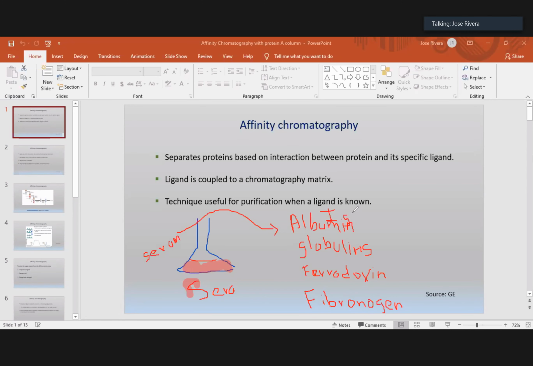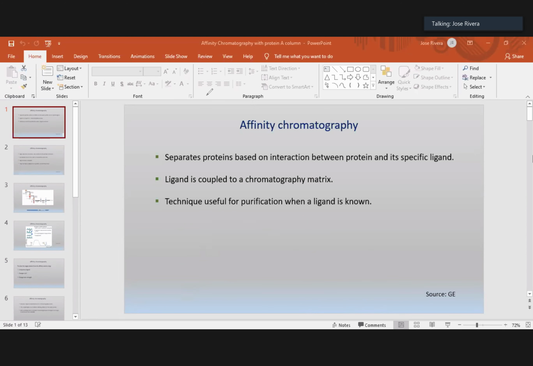And not only proteins, you have sugars, you have salts, you have a whole lot of things inside the sera or the serum. Let's say you want to purify from this soup just one protein. Let's say you want to purify IgG.